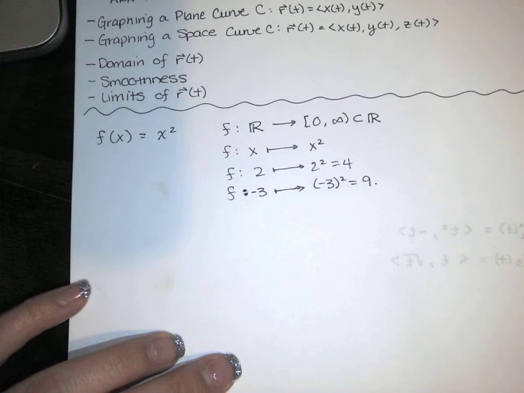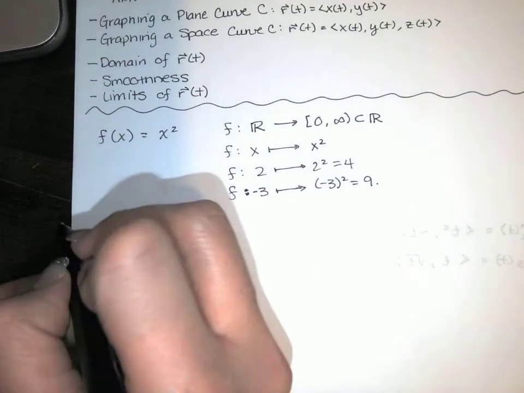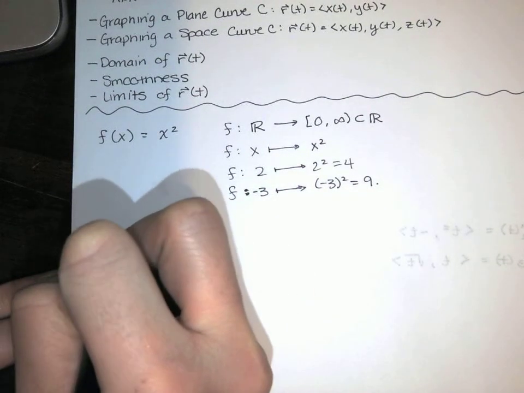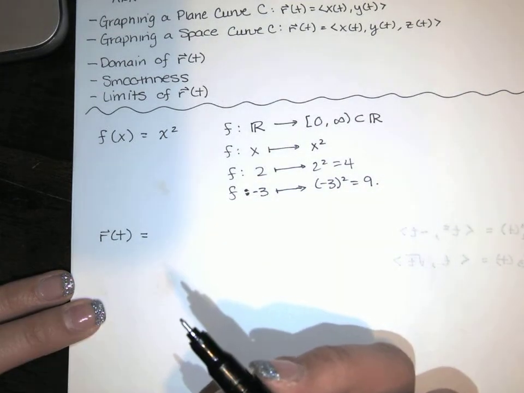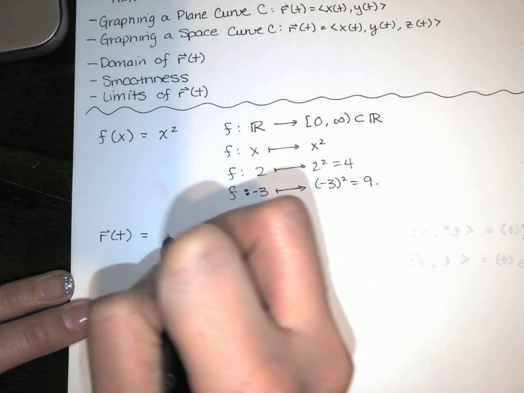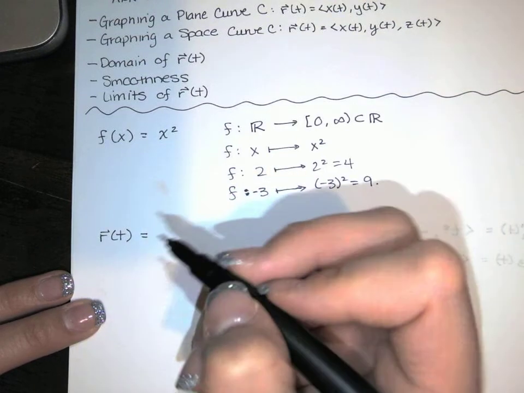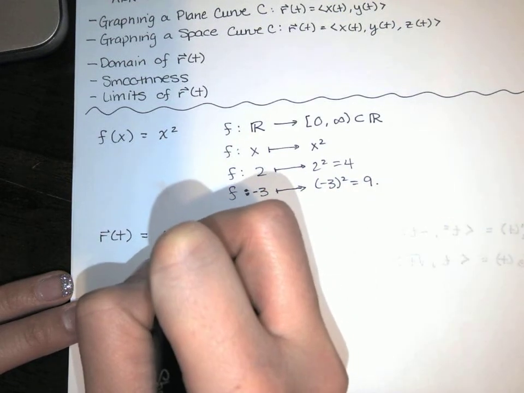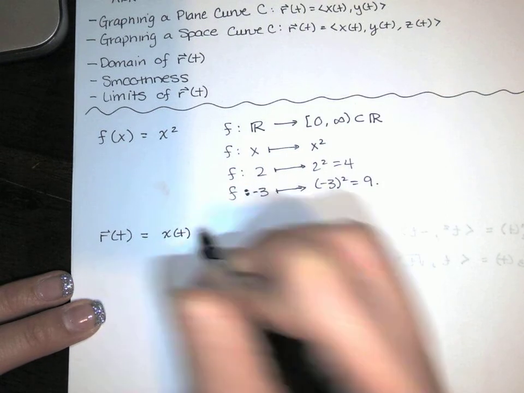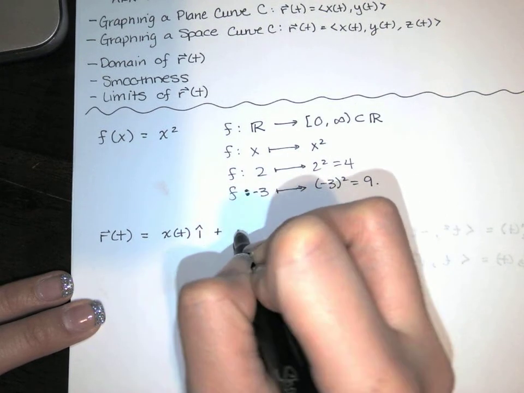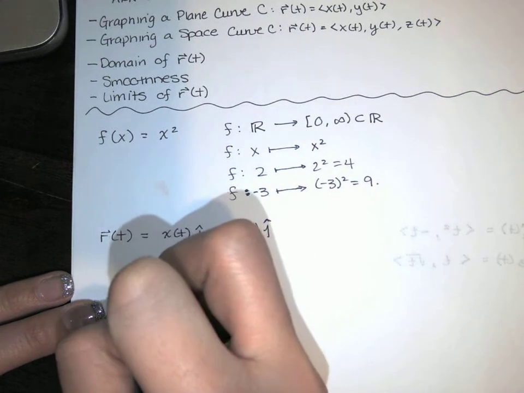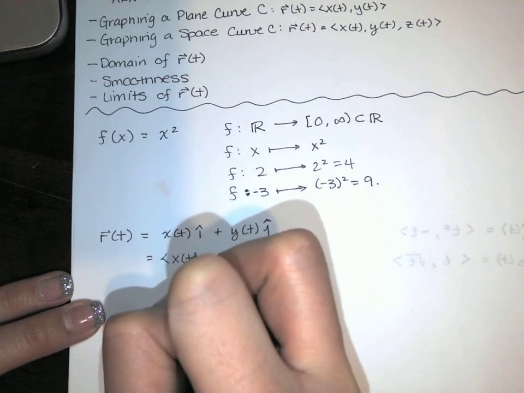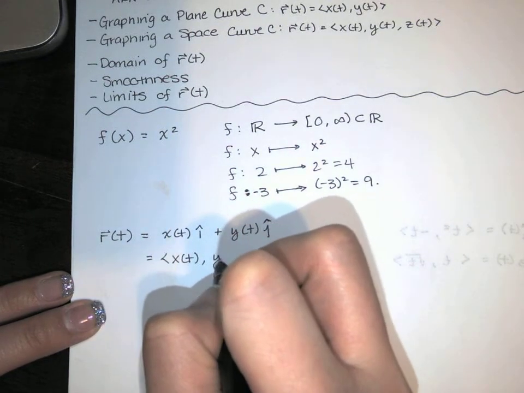Now, vector-valued functions are very similar. They're denoted by a vector, r of t, where t is a real number. If we are in 2D, we could define a vector-valued function this way: x of t times i hat plus y of t times j hat.